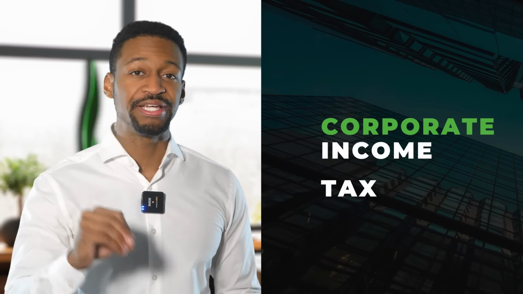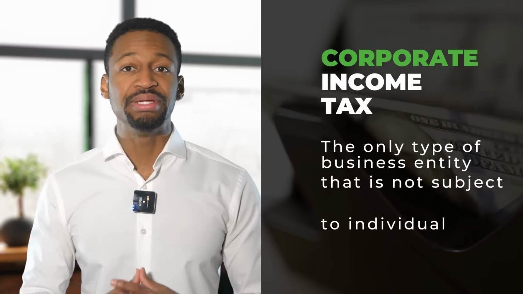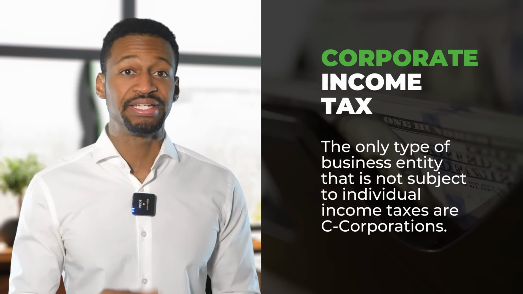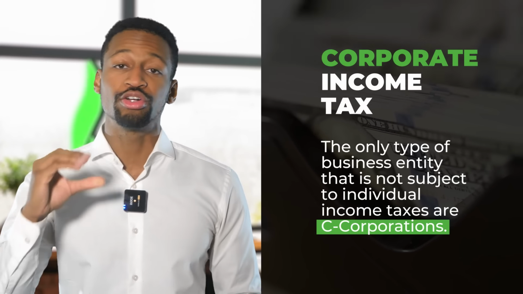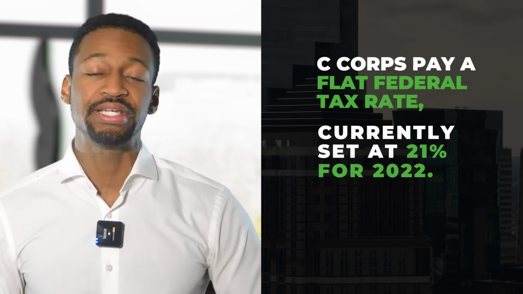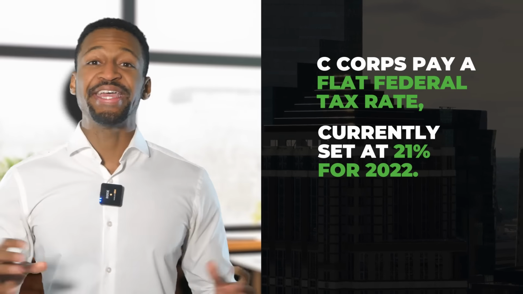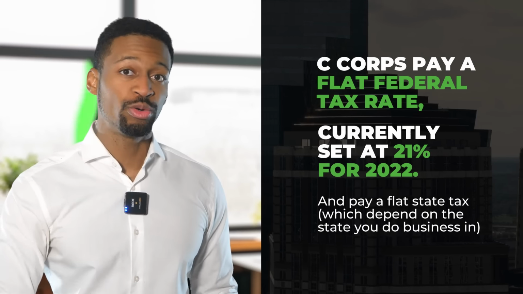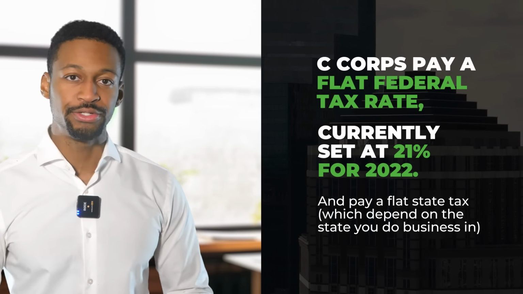Okay, the next common business tax is the corporate income tax. The only type of business entity that is not subject to individual income taxes are C corporations. And that's because C corporations pay a flat federal tax rate currently set at 21% for 2022, and pay a flat state corporate tax rate, which depends on the state that you do business in.